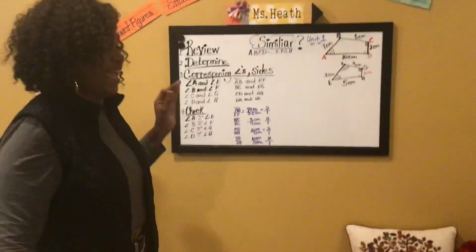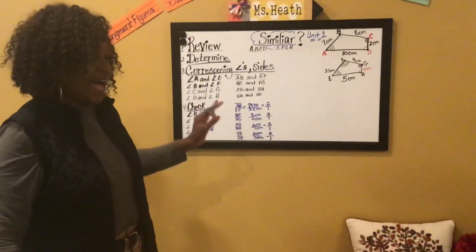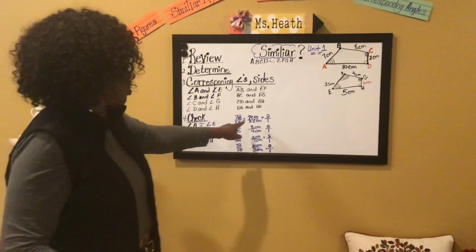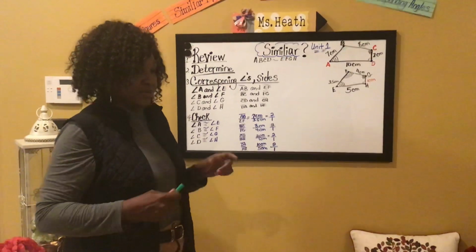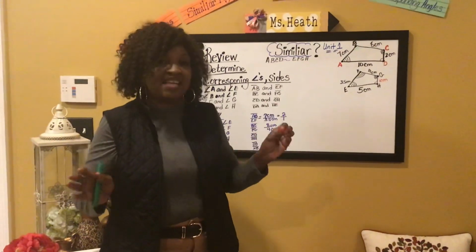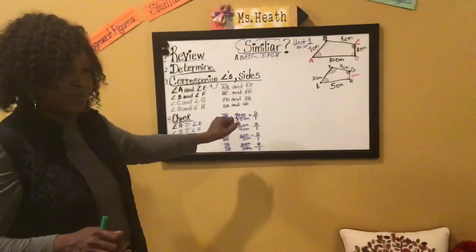Does everybody see that? So AB has a length of 7 centimeters. And side EF, this line right here means side. So side EF has 3.5 centimeters. They both have units of centimeters, so they both cancel each other out, because this is a centimeter and this is a centimeter.